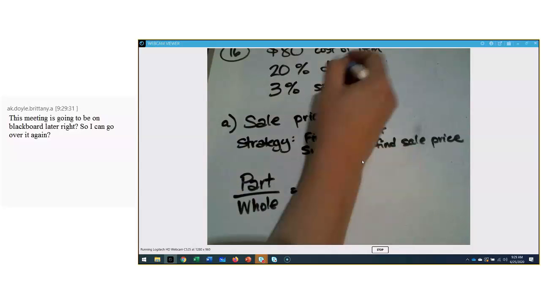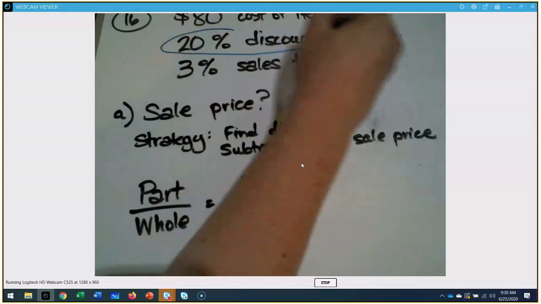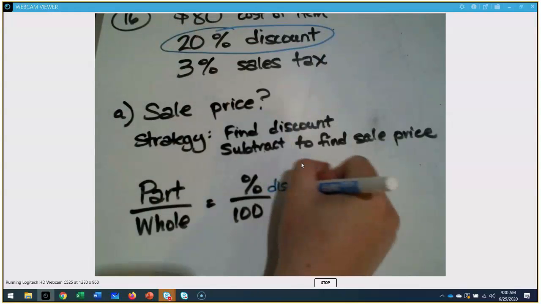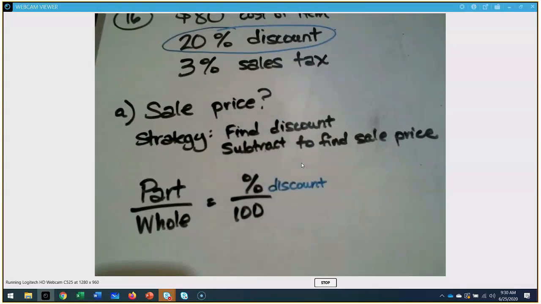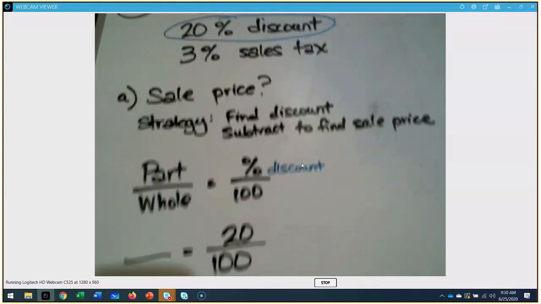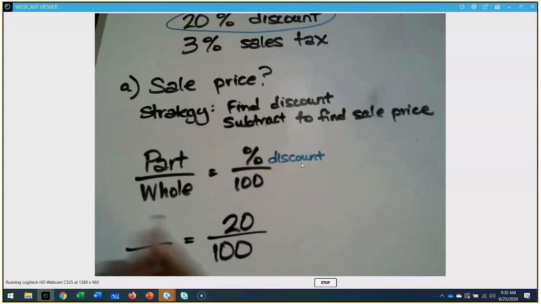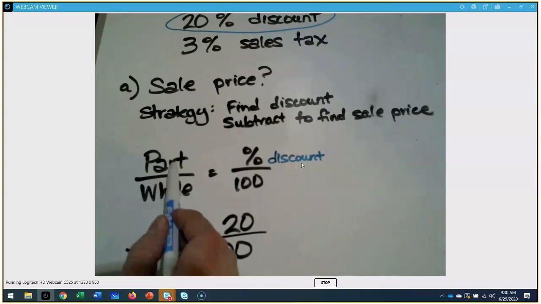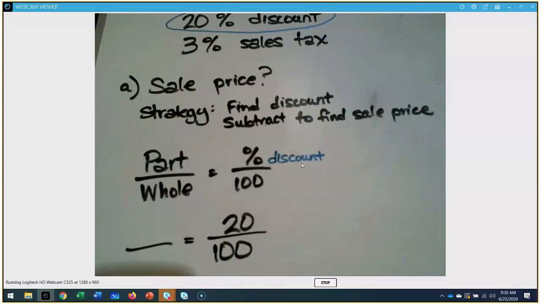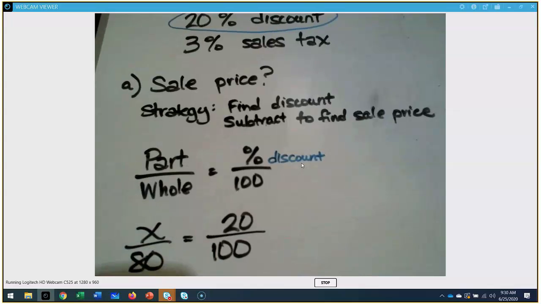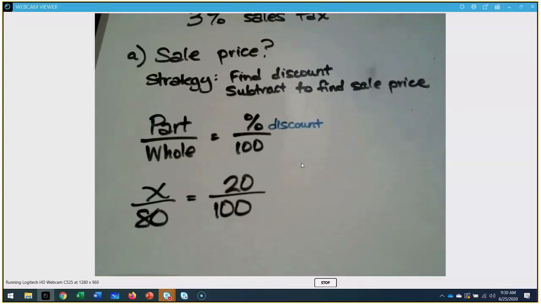So I do have the discount rate right here. That's going to go up in the top. And that means that whenever I'm solving, it's going to tell me my discount. So when I solve for X, it's going to be the discount. And the whole thing is the price of the item, which is the $80. So I'm plugging that all in. And I'm going to cross multiply.